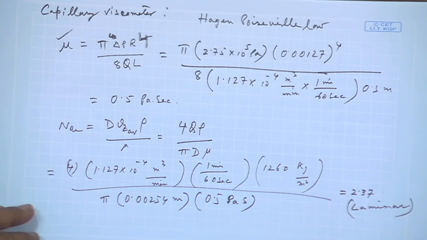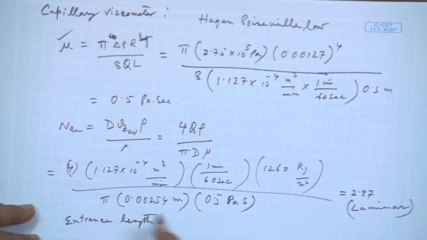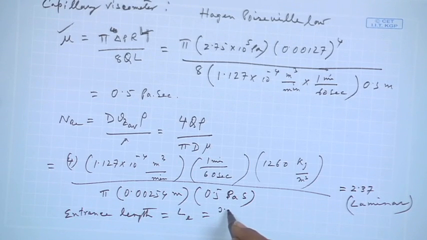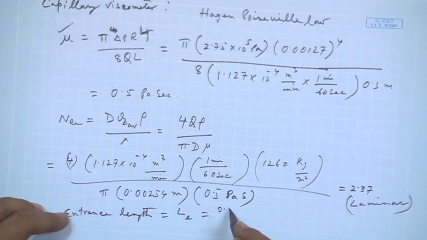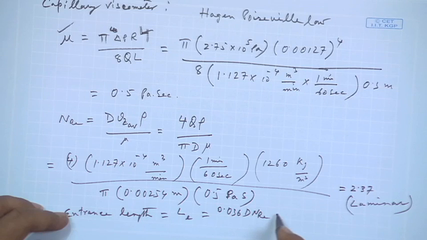Now, there is a term that is also called entrance length. The entrance length LE is related with NRE as 0.036 D NRE.